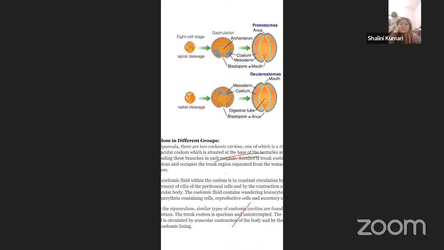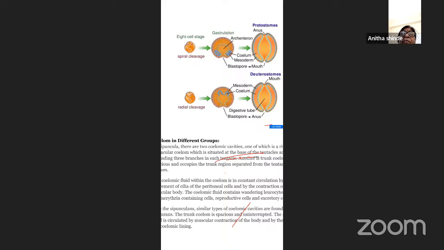But in case of deuterostomes, it will undergo radial cleavage, and then it will form the mesoderm, the coelom, the digestive tube and the blastopore. Here the blastopore will develop into the anus, whereas in protostomes the blastopore develops into the mouth.